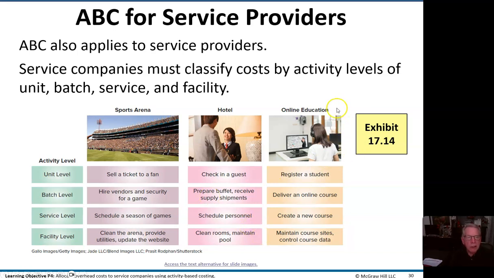And finally, if I do online education, I'm registering a student, I'm delivering perhaps an online course. Maybe that's going to be a batch level, but if I create a new course, that's a service level. And if I maintain course sites or control the course data, that's going to be facility level.